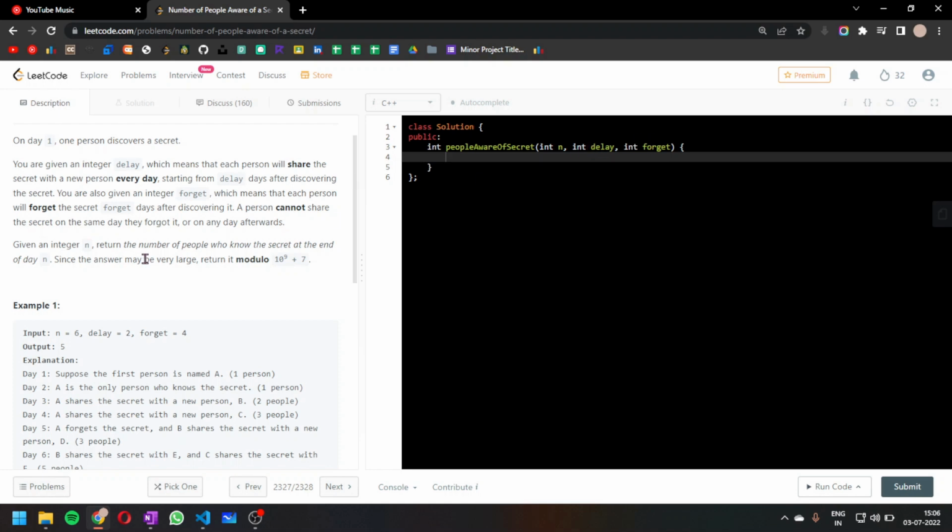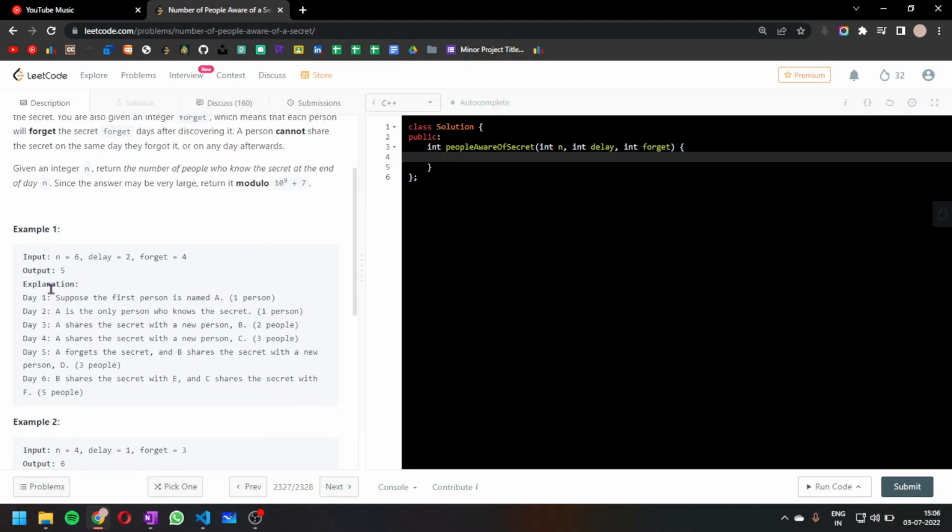So this is the question, and if you look at the example, there are a total of 6 days. We want to know how many people know the secret at the end of the 6th day.